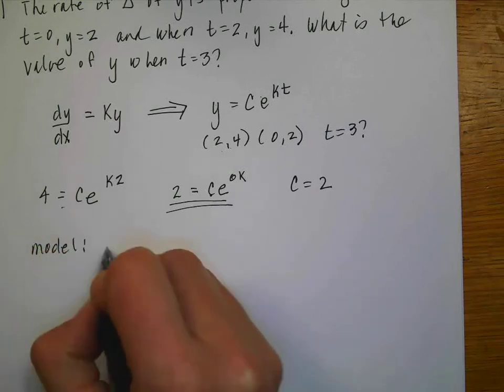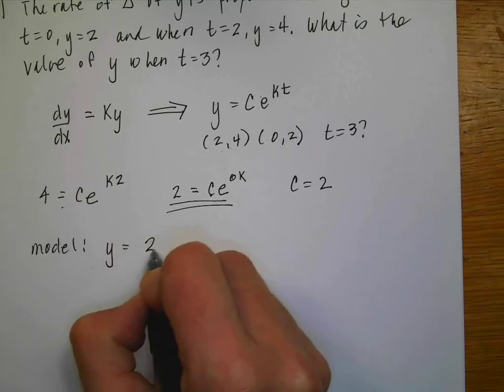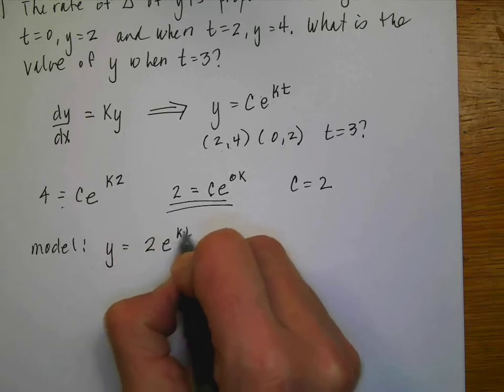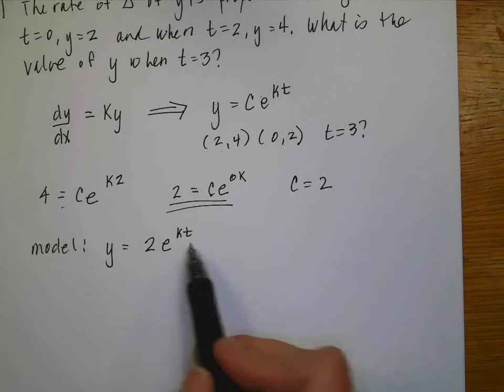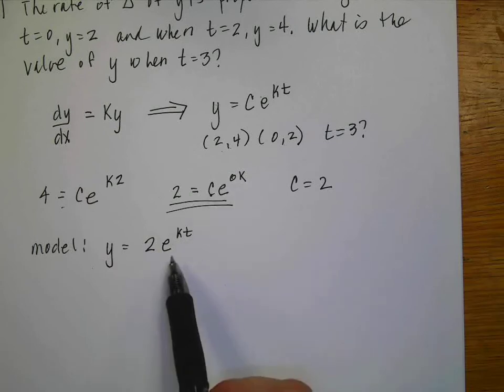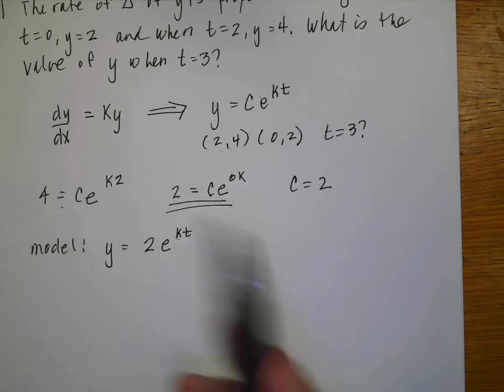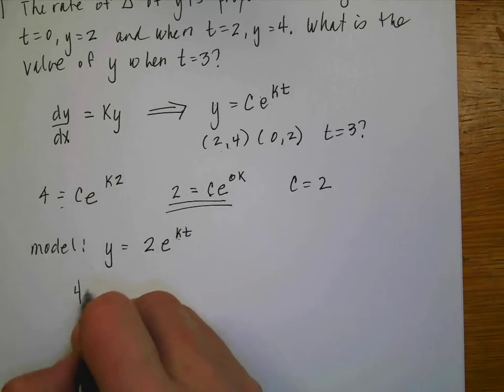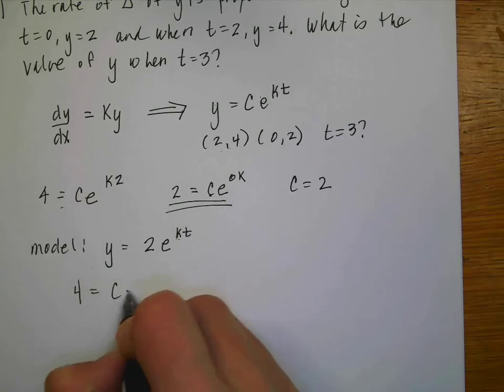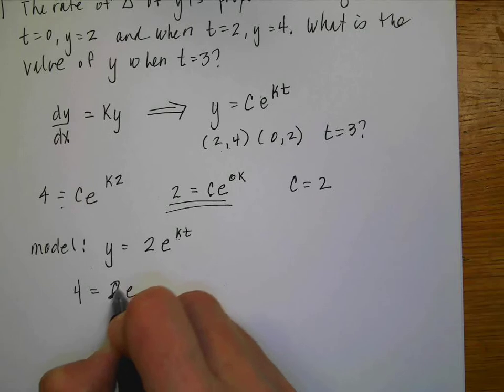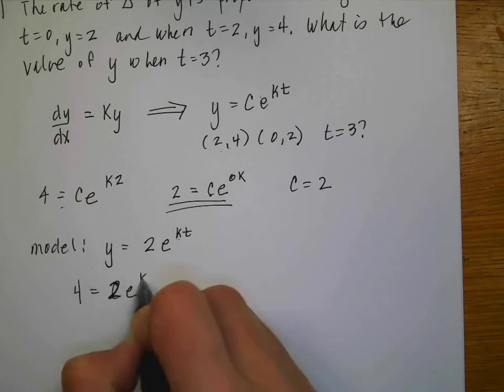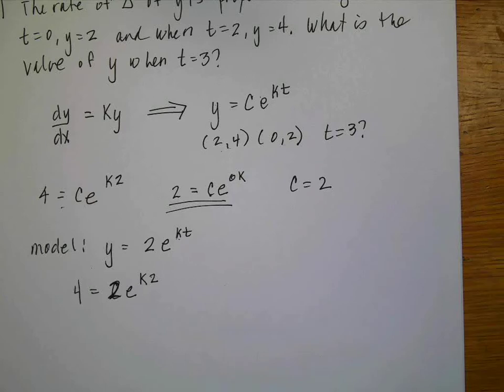So now my model becomes y is equal to 2 times e to the kt. I haven't found k yet, so I need to find k. So now I'm going to use this point. I have C, we found this to be 2, and now I'm going to put k, and then I'm going to put my 2 in. So now I need to solve for k.